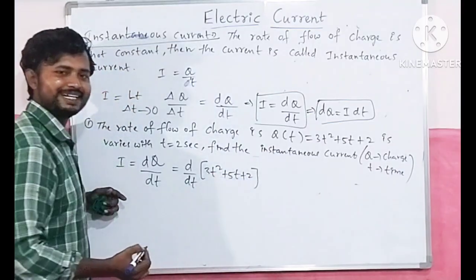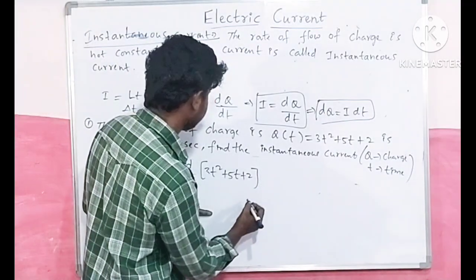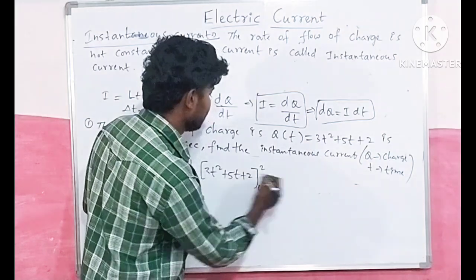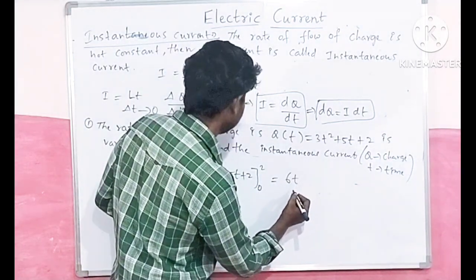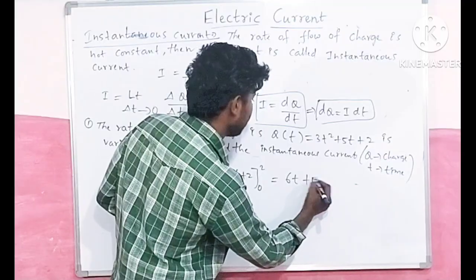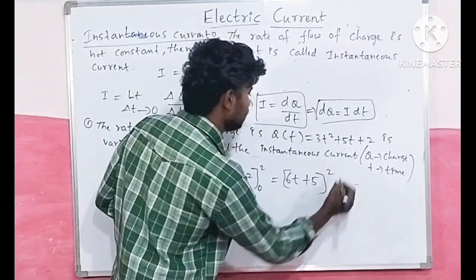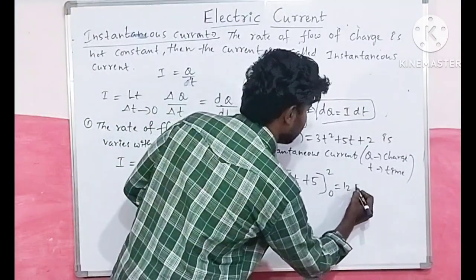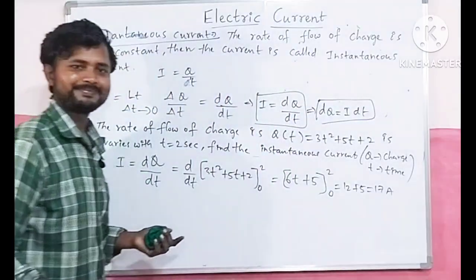When you differentiate with respect to time, the equation becomes 6t plus 5, with t from 0 to 2 seconds. When you put the limits, it is 12 plus 5, so 17 amperes is the current.